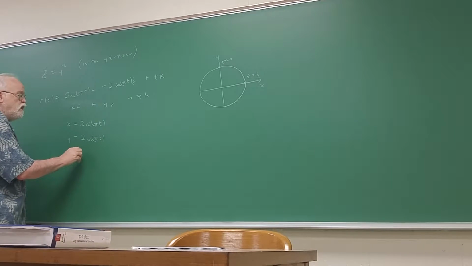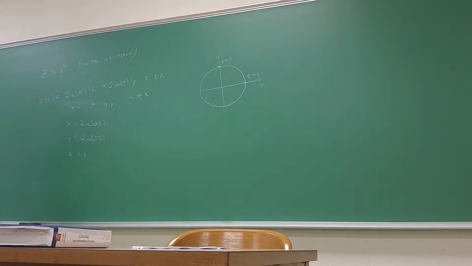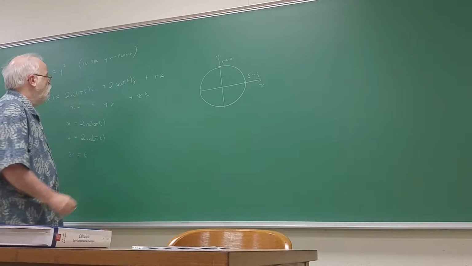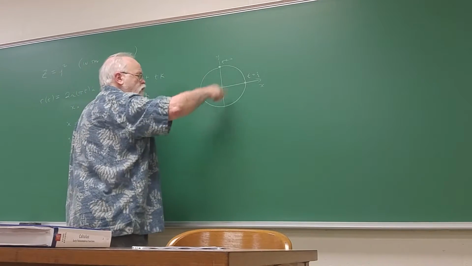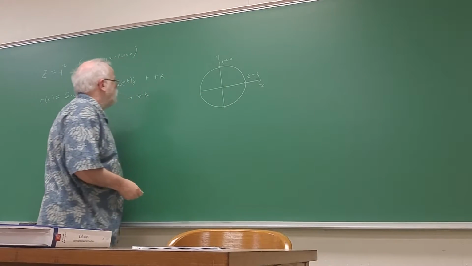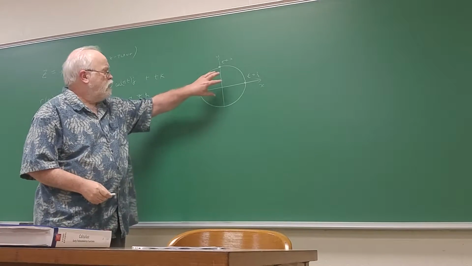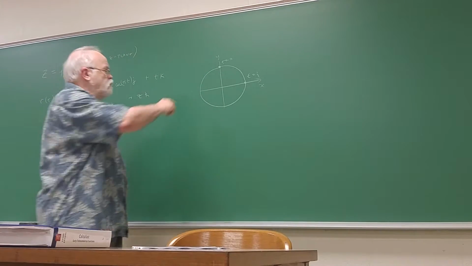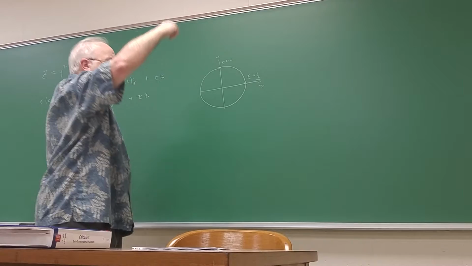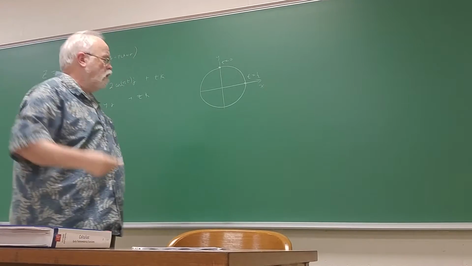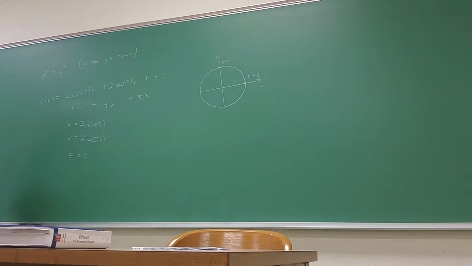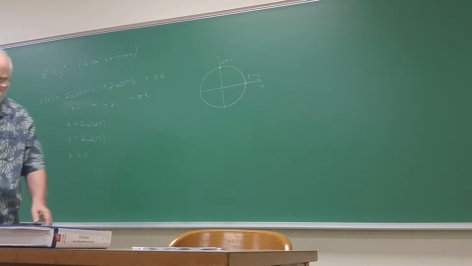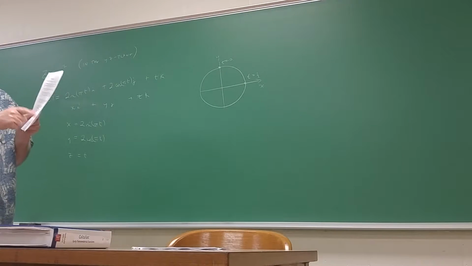And z equals t. So while this much right here is doing the circular motion sort of thing, at the same time, this thing is coming out of the board. So it's working like this. A helix, or a spring. So anyway, that's that thing. And you can see it on here.